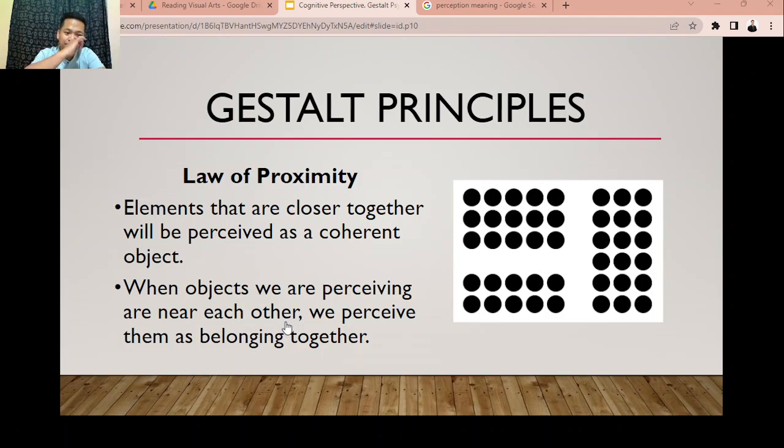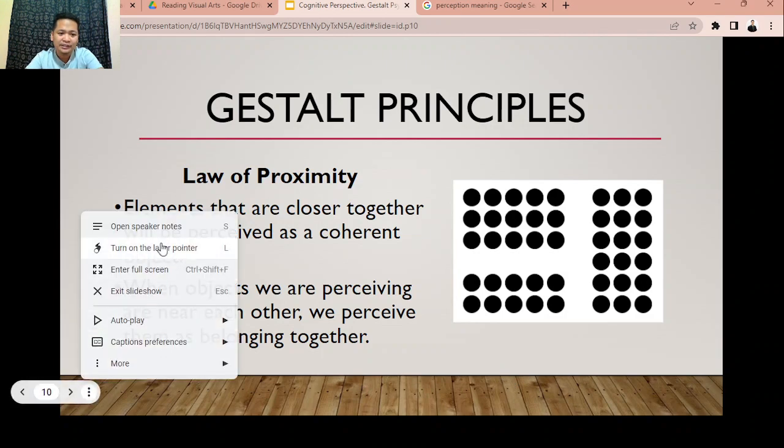So, we have the first principle, the law of proximity. What does it mean? Elements that are closer together will be perceived as a coherent object. For example, when you see the image here, you don't look at it asking how many dots do we have.